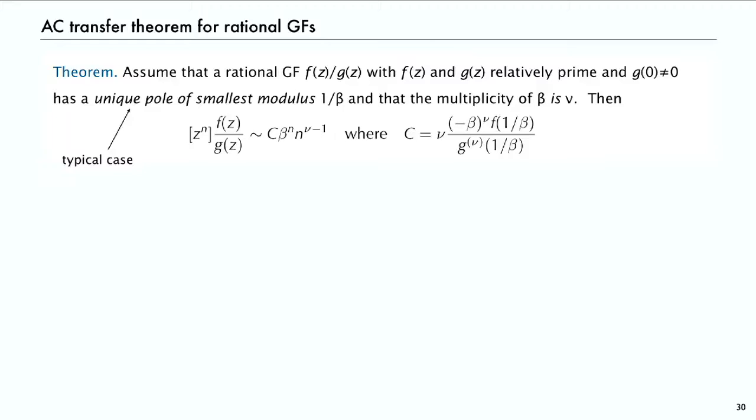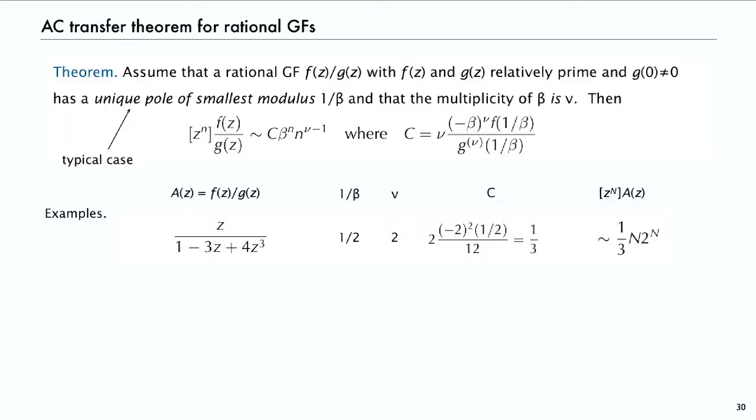In that case, the coefficient of z to the n in the ratio of those two polynomials is just a constant times 1 over root to the n times n to the multiplicity minus 1. And not only that, we can explicitly compute that constant using L'Hopital's rule. So it's an explicit form for that constant.